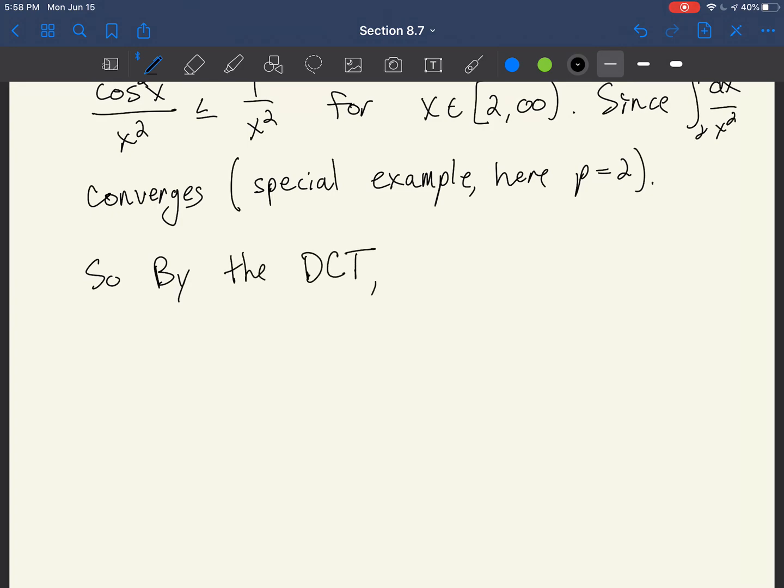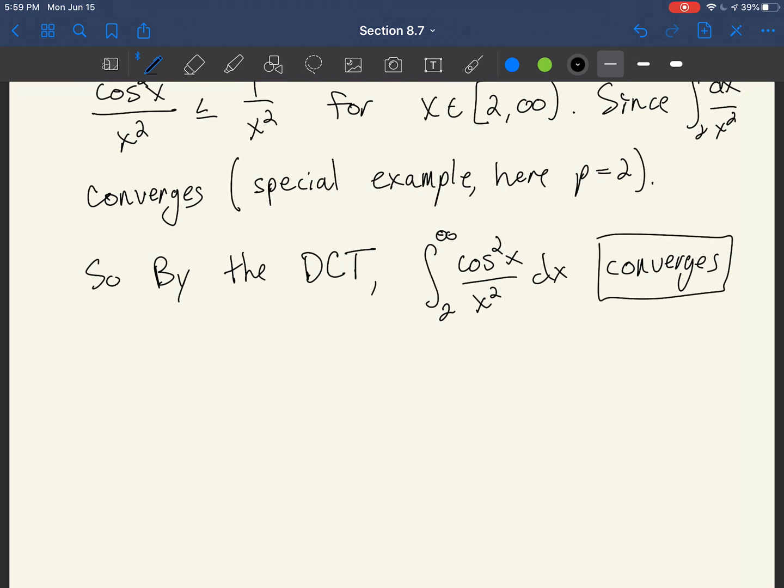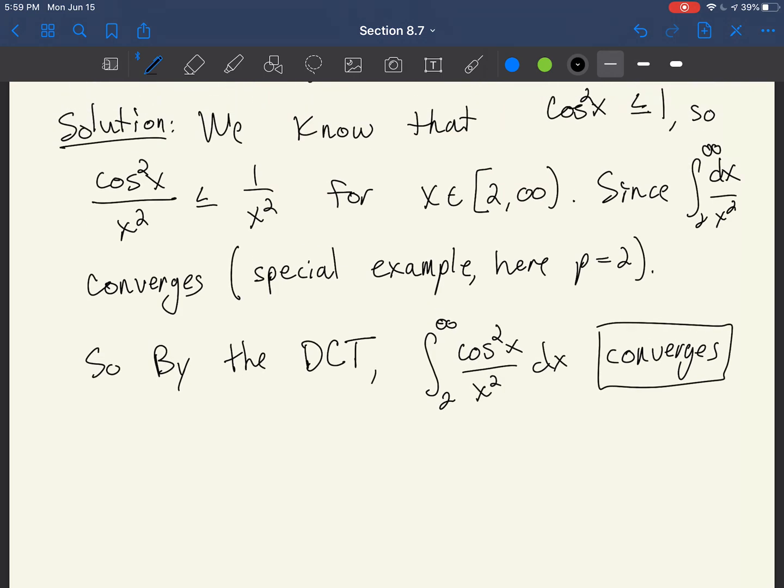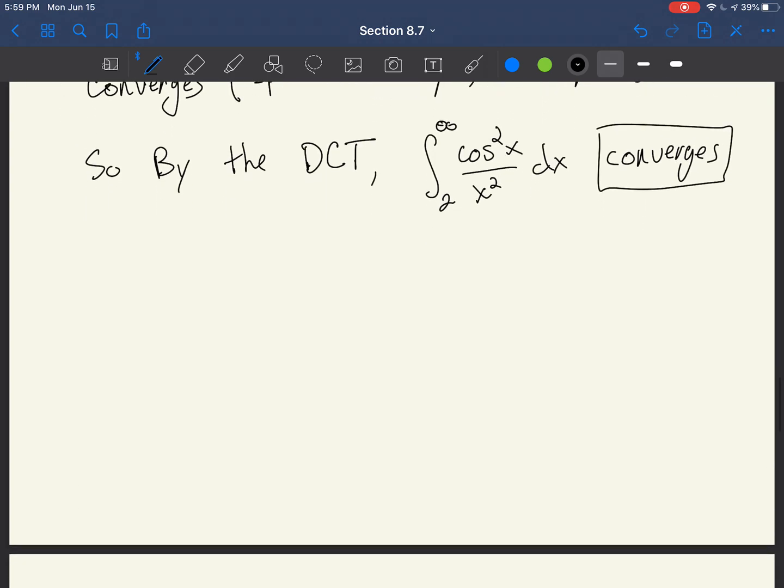So by the direct comparison test, we know that the integral from 2 to infinity of cosine squared x over x squared dx must also converge. We bounded it above by something that does converge, so this must also converge.